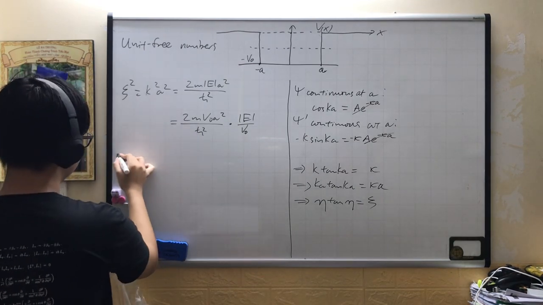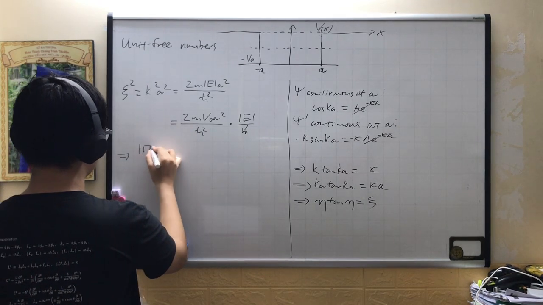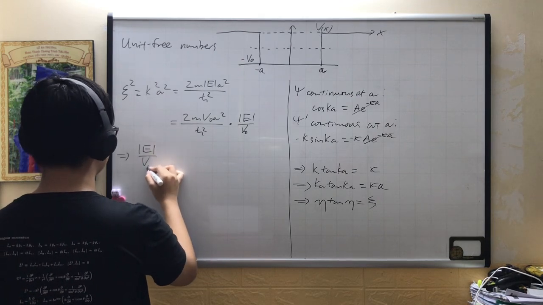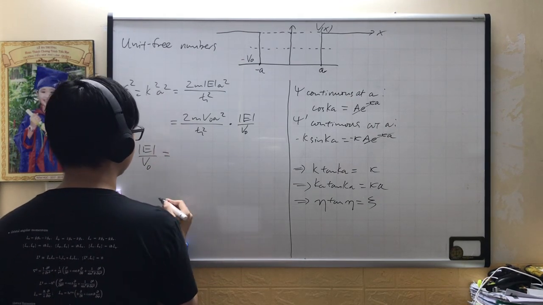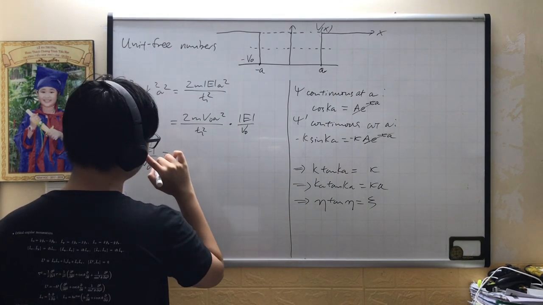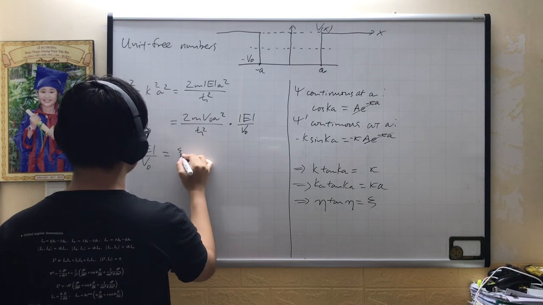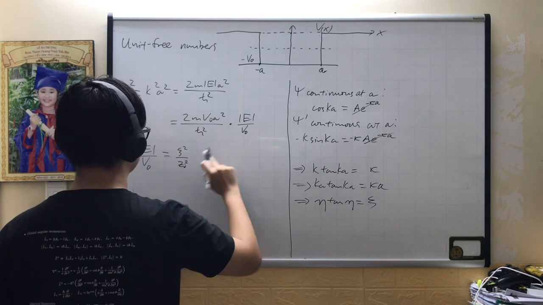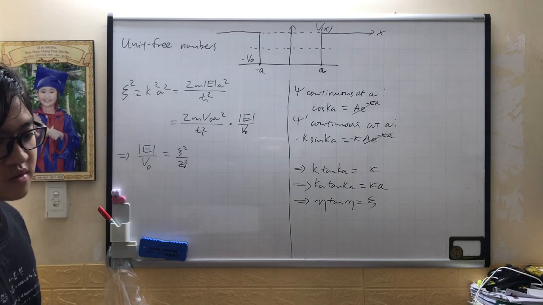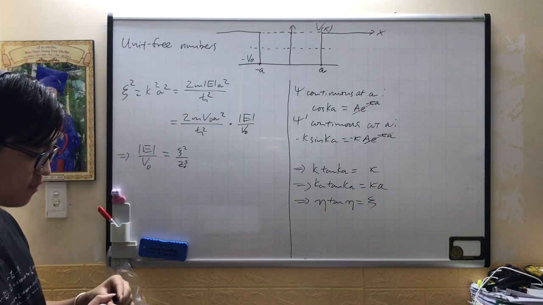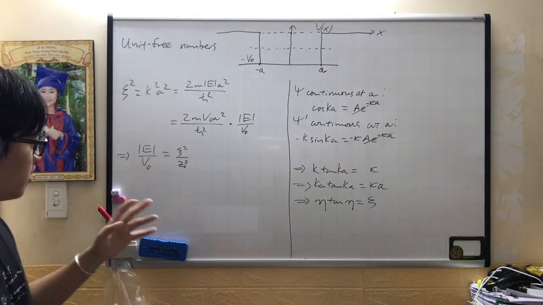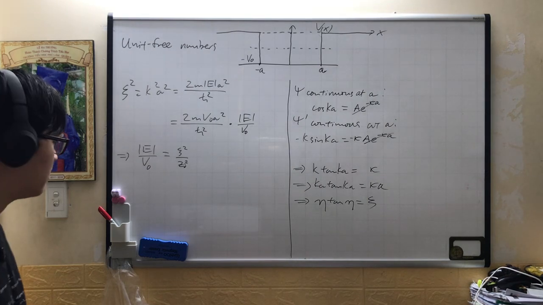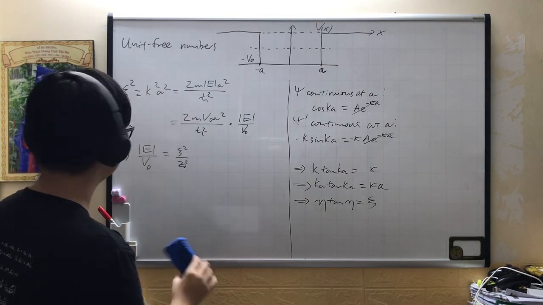So ultimately you get E over V0 is equal to psi squared over z0 squared. Yep, this is what you get ultimately, and from this you can plot psi and eta.